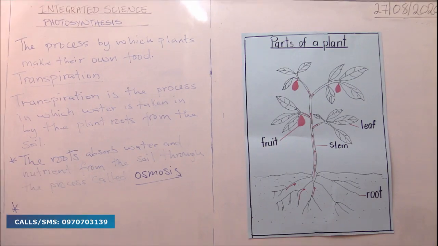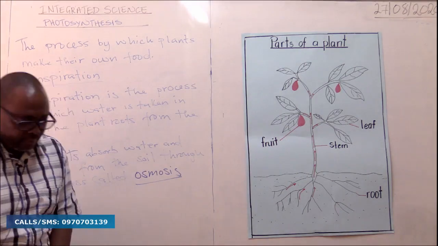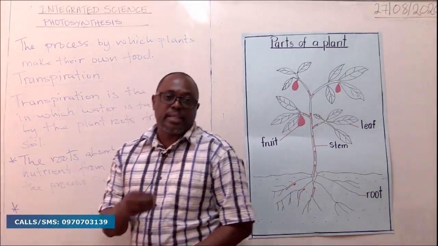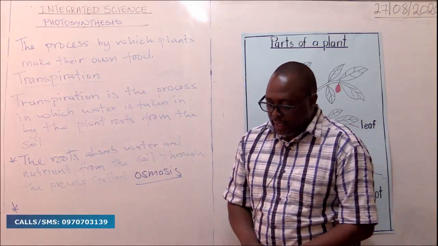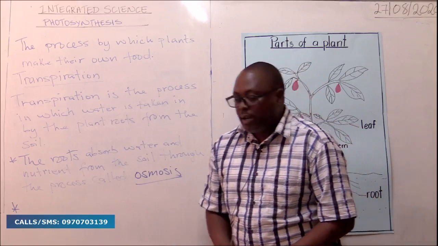How do these nutrients and water get transported? They are transported to the leaves through the stem, the xylem tissues.